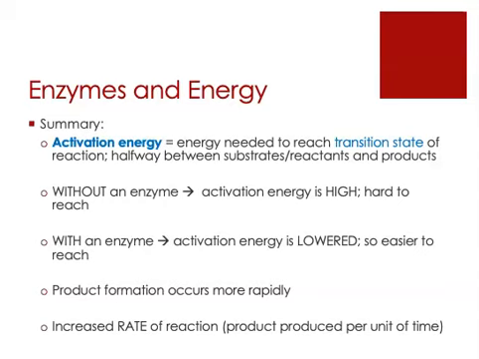But when you put an enzyme in there, the activation energy will be lowered, so it will be easier to reach it. Product formation will occur more rapidly, and the rate of the reaction will be increased. In other words, the product produced per unit of time will go faster.